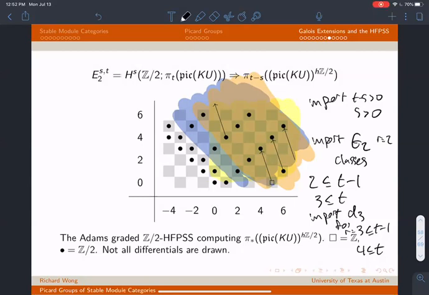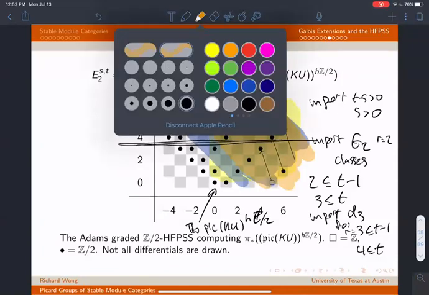So now that we've done all this importing, we're interested in computing pi0 of pic of KU^hZ/2.